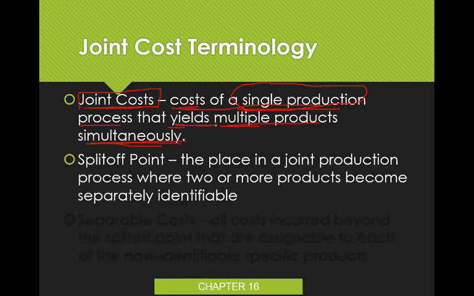The other terminology to define is the split-off point: the place in the joint production process where two or more products become separately identifiable.